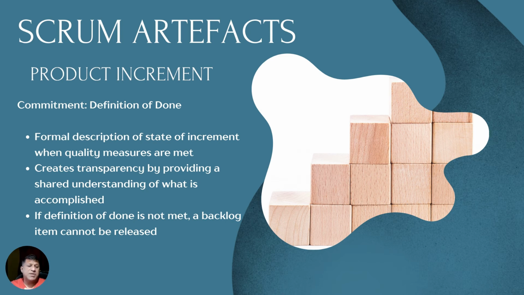Correct? And if this definition of done is not met, that particular product increment is not complete. So if the quality parameters are not met, if the performance parameters are not met, if the actual acceptance criteria is not met, then there is no way that particular backlog item is complete.